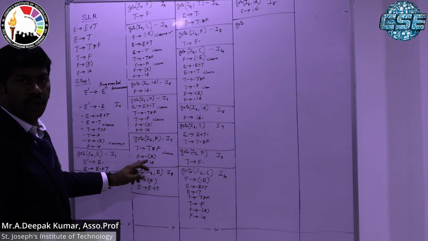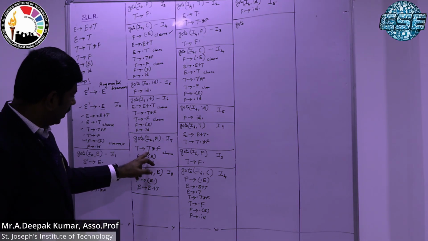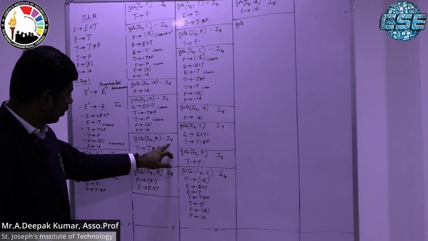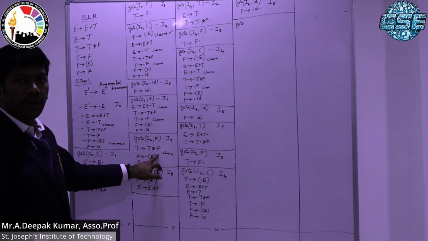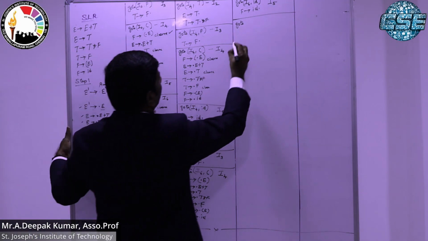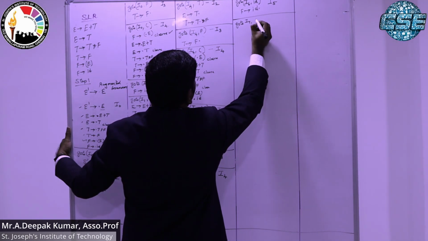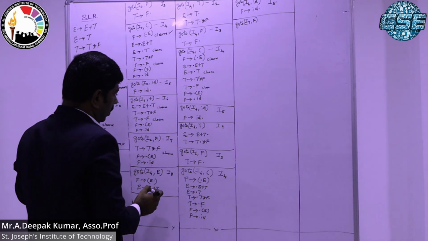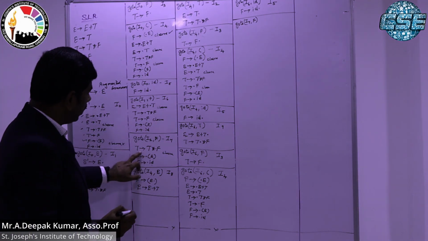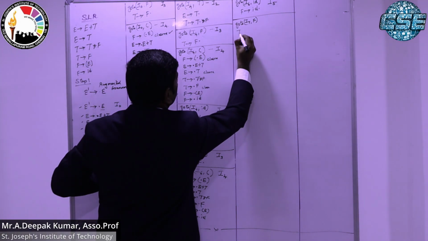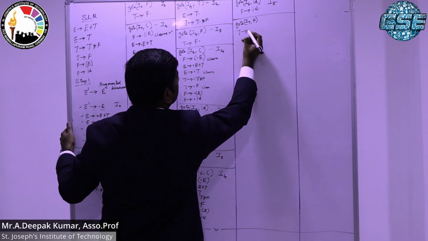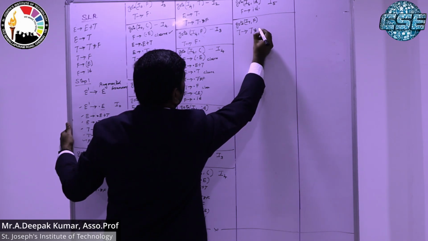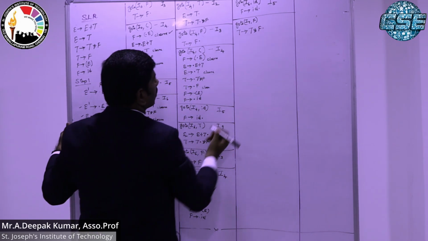Next we will move on to I7. So I7, I have the first rule. Go to of I7 comma non-terminal F. So it will be T derives T star F dot.